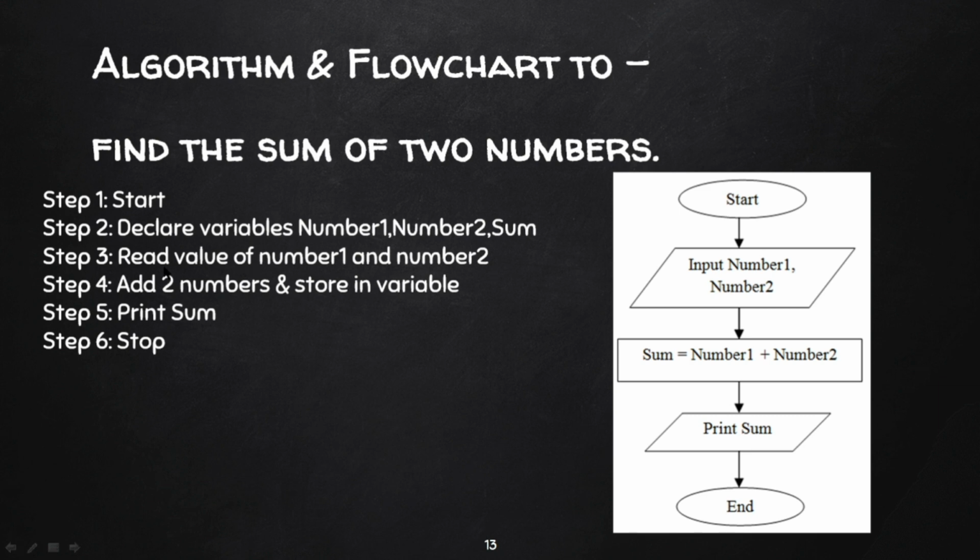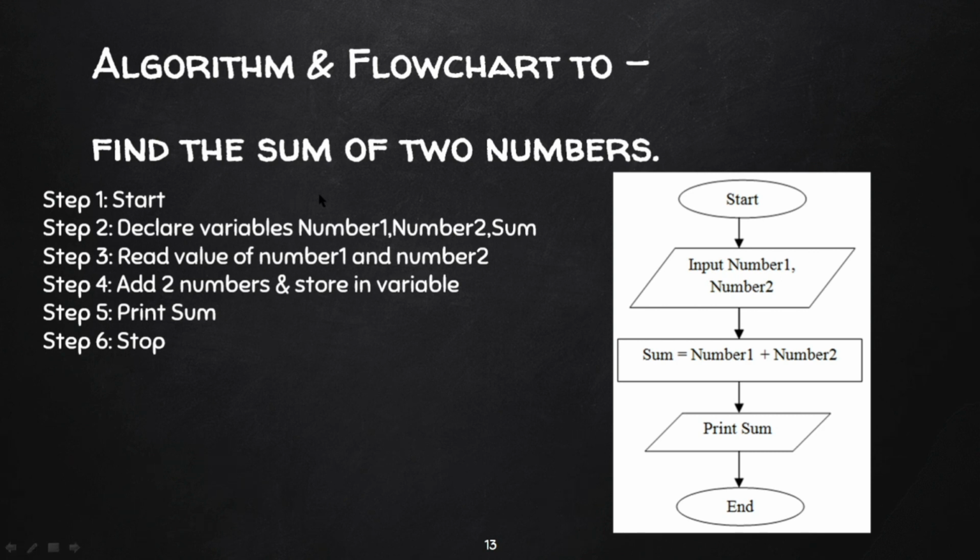After that, for adding those two numbers, we write: add the two numbers and store in a variable, which variable? The sum variable. After adding and storing, we have to print that value. So print sum will display that addition, and then stop. These are the simple steps to do addition of two numbers.